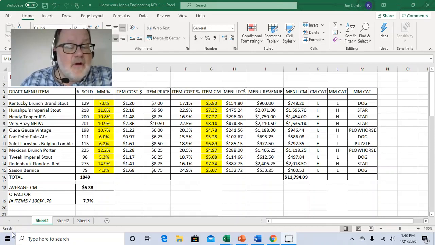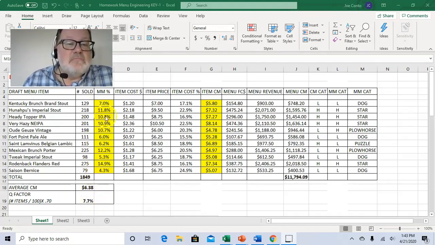All right, so they're all categorized now, right from the top to the bottom. Some are dogs, stars, plow horses, and puzzles. And we can see that from this piece based on the popularity and the profitability. But one thing I do want to show you as well is that some things are either high stars or low stars, or high dogs and low dogs, or plow horses and puzzles, because I want to know how far, in this case, the popularity deviated from the average.